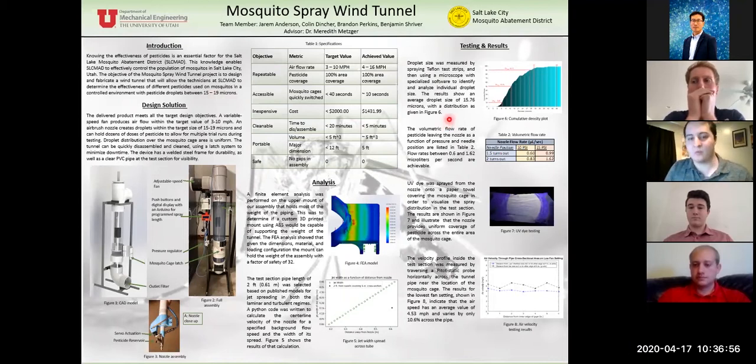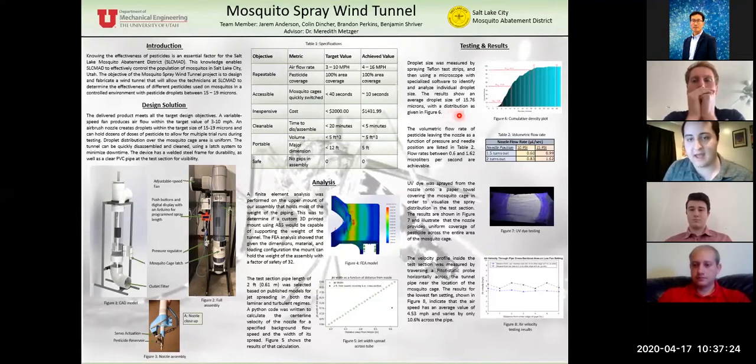To figure that out, we needed to test our airbrush nozzle at different pressures. Initially, we thought that we wouldn't be able to get droplets that small. So we began testing at higher pressures, like 40, 45 PSI, stuff like that. And we found we actually had the opposite problem. All the droplets were too small. So we continuously kept testing and bumping down the pressure as we went.